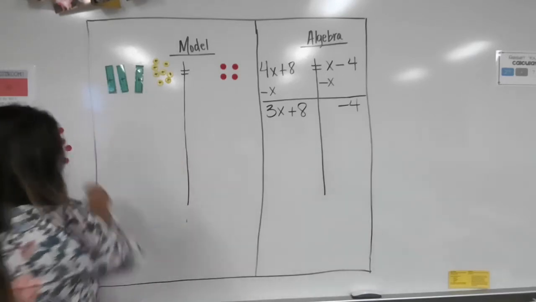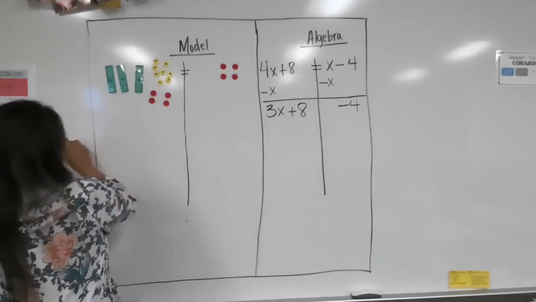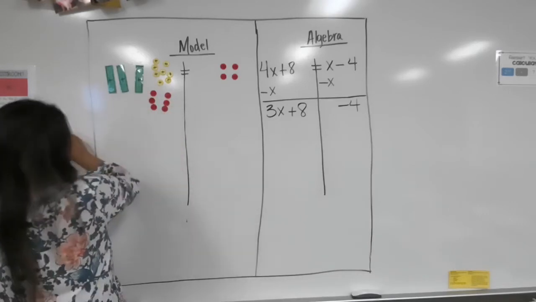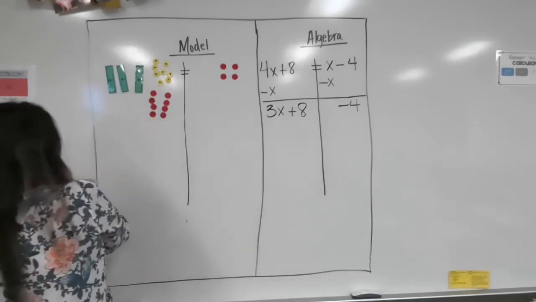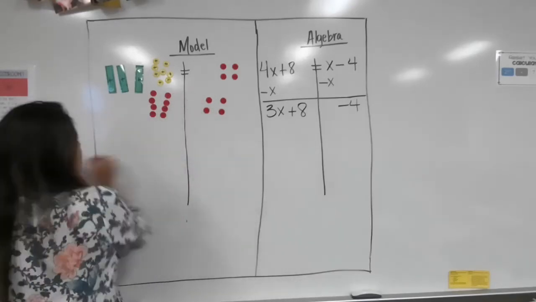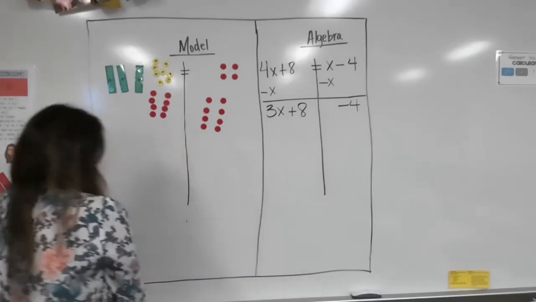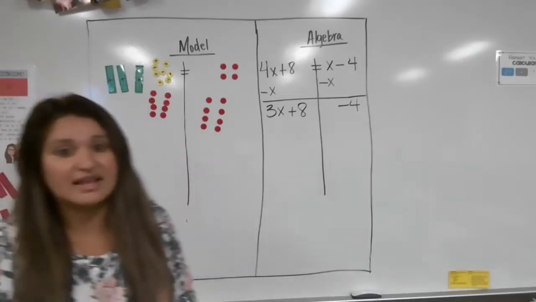So let's go ahead and add 2, 4, 6, 8 negatives on one side, 2, 4, 6, 8 negatives on the other side. All right, well, what does this look like algebraically?